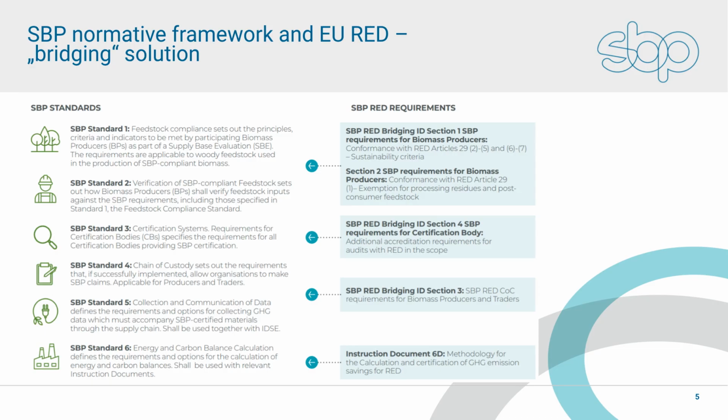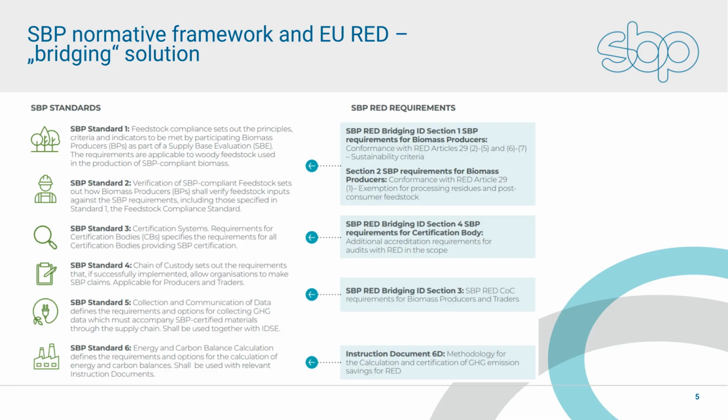SBP decided to develop a separate set of normative requirements specifically for EU RED. It was not technically or operationally feasible to embed all EU RED requirements directly into the SBP standards, because those requirements are slightly different from SBP's own, and they can change outside SBP's control. If the European Commission modifies EU RED, it could otherwise force SBP to constantly update its standards.